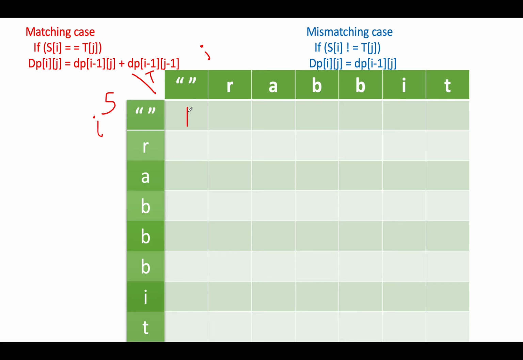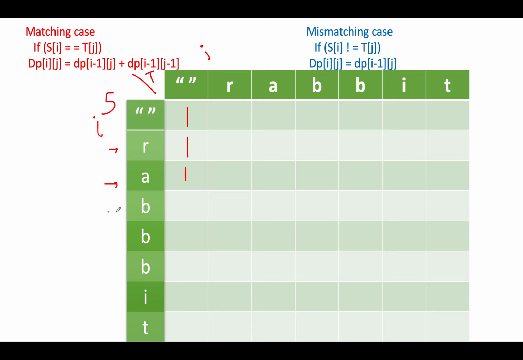Let's try and fill this complete column, and let's assume we are given the input string as r and the string t as an empty string. So what would be the answer in that case? There's one way out. You don't select any character from string s. The next case that we have is to consider RA together and the input string t is empty, so there's one way out.